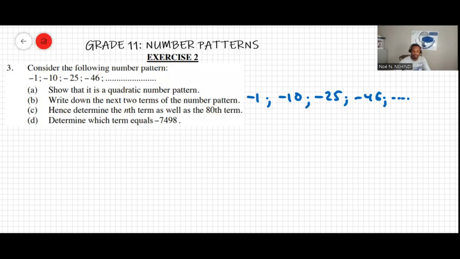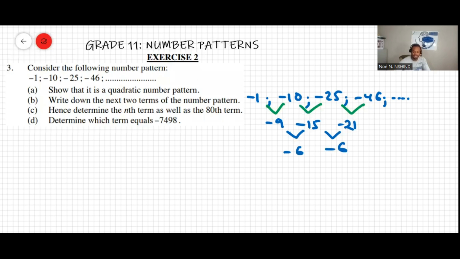Now, we're going to find the first difference of the terms. So we're doing -10 minus -1 makes -9. That makes -15, and that will make -21. Then the difference here will be -15 minus -9 makes -6, and that was -6.